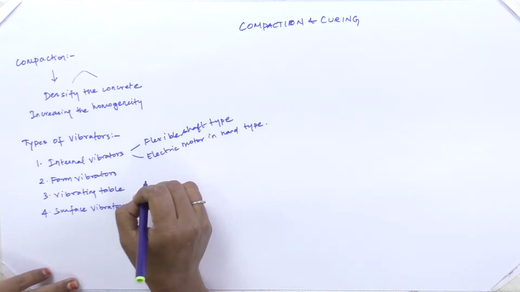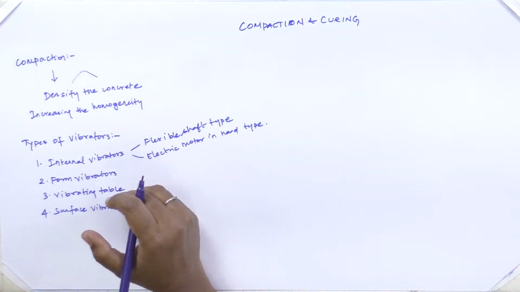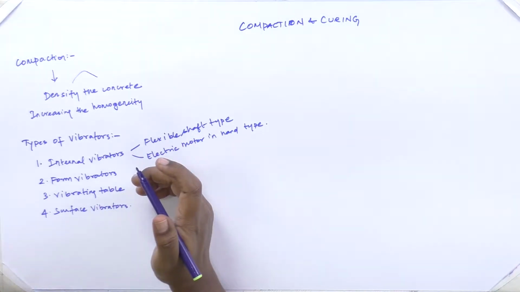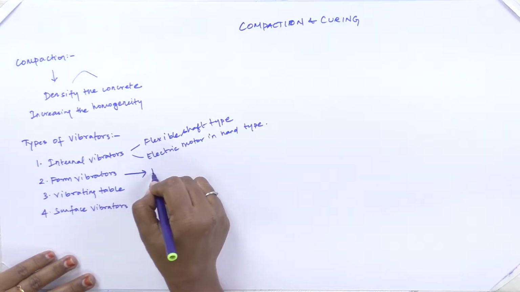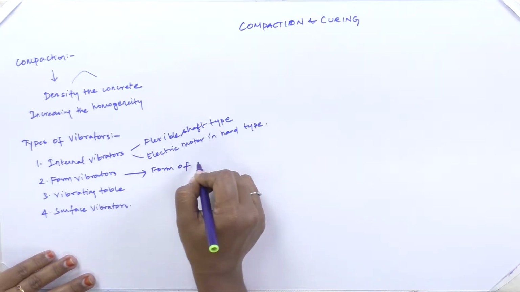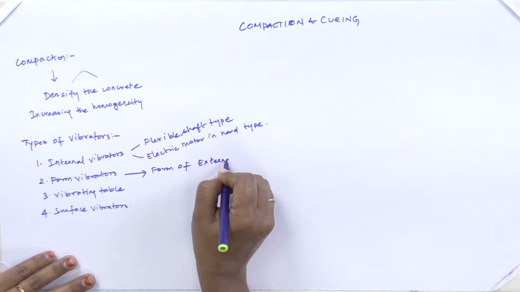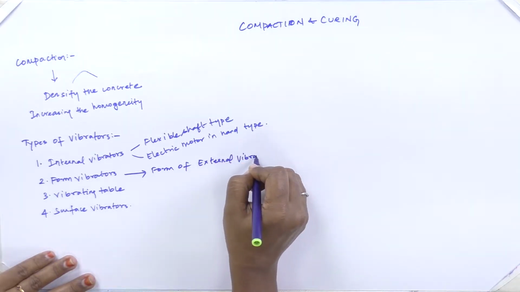Form vibrators are used where there is no possibility of doing compaction internally. That is, it is a form of external vibrator.